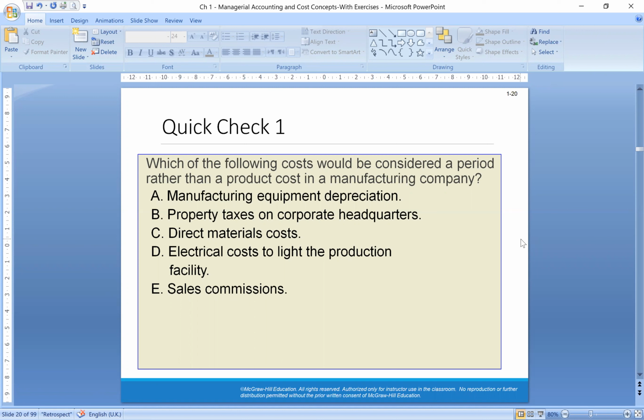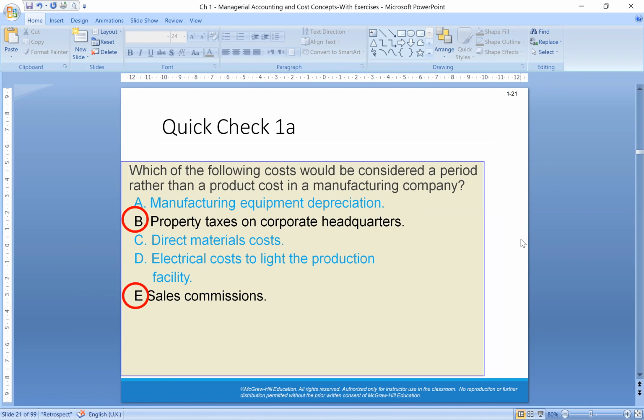So number D will be a product, not a period. Number E, sales commissions, which is part of the sales or the selling expenses. And in this case, this will be selling or period costs. So number B and E will be period costs rather than product costs.